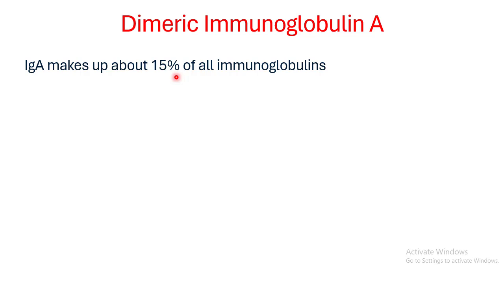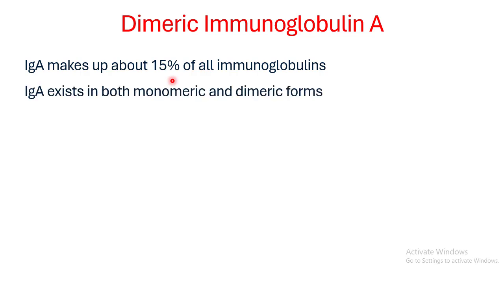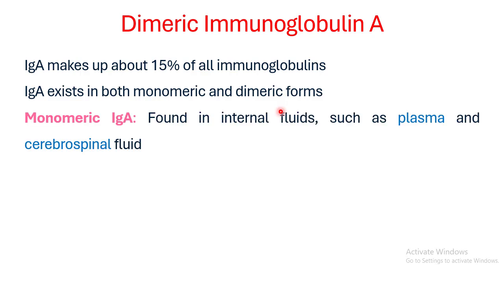Now, immunoglobulin A exists in both the monomeric and the dimeric form. In the last video, we had a detailed discussion on the monomeric one. In this video, I want to focus on the dimeric form.